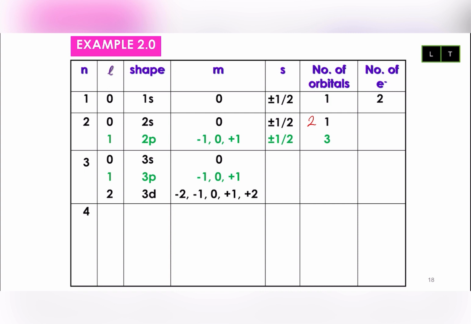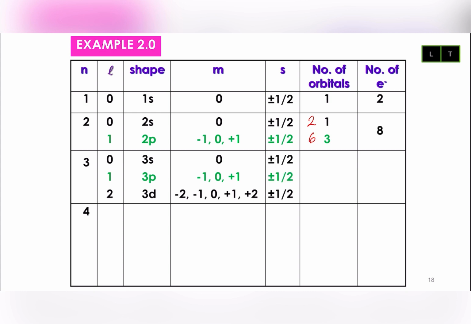And then here, you have 3 of these. In one orbital, the maximum number of electrons is 2 because of different spins, positive half and negative half. So I multiply by 2 and we get 6 here. So 6 plus 2 is 8.